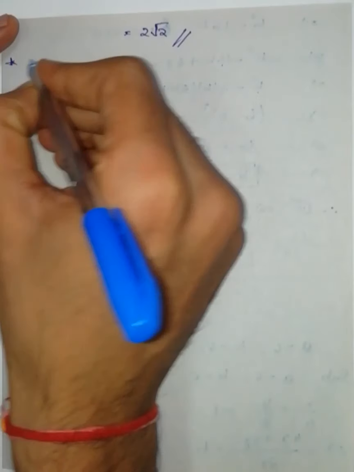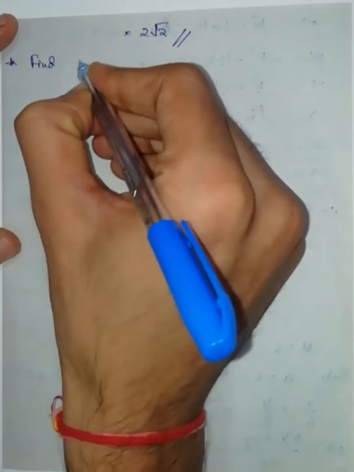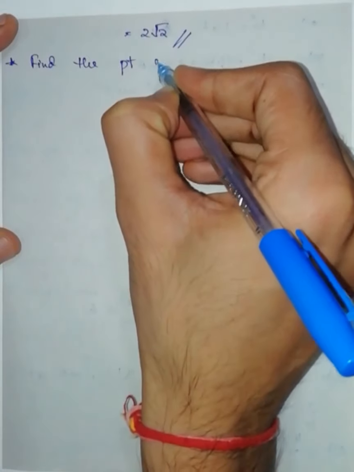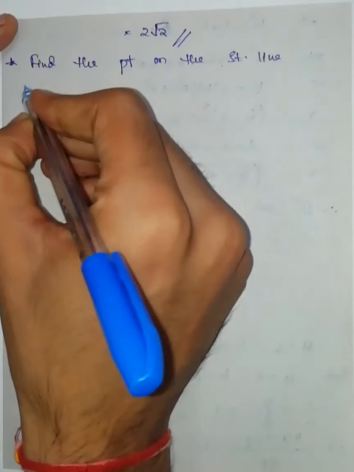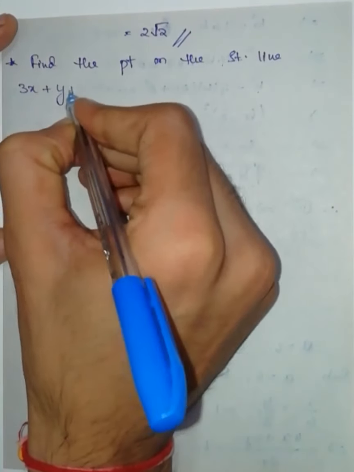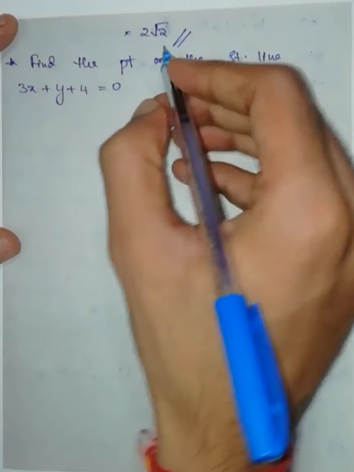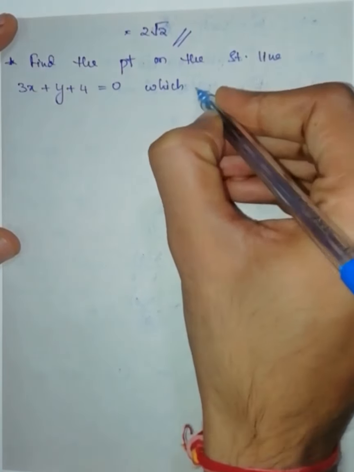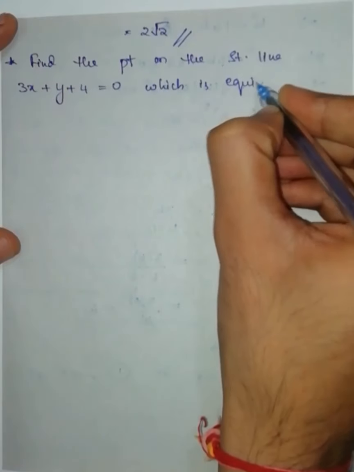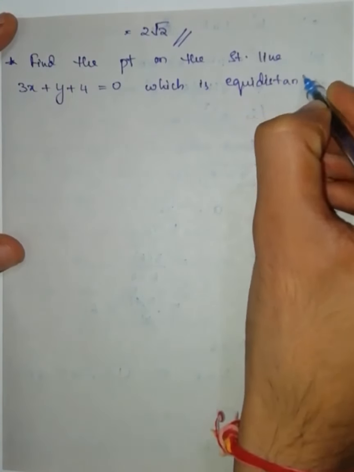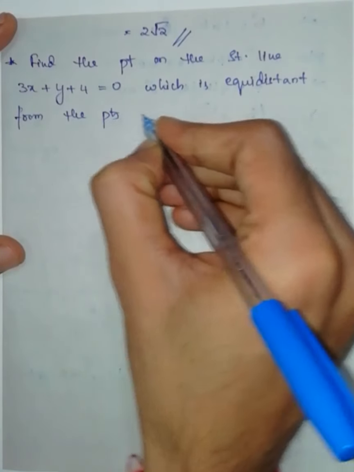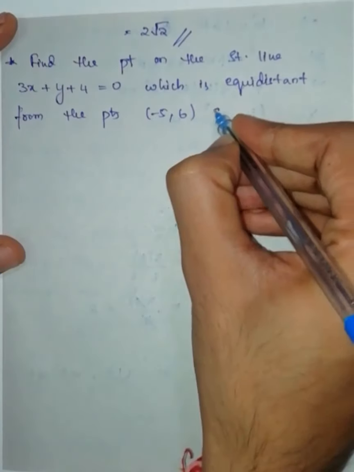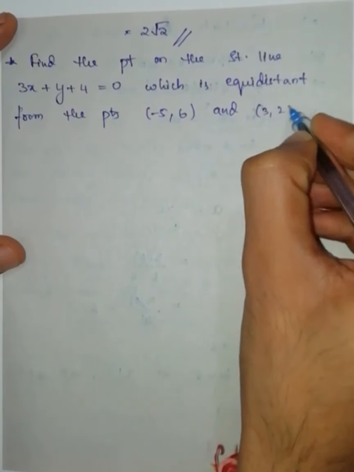Now next problem. Find the point on the straight line 3x plus y plus 4 is equal to 0, which is equidistant from the points minus 5 comma 6 and 3 comma 2.